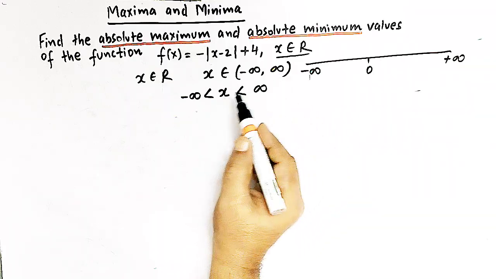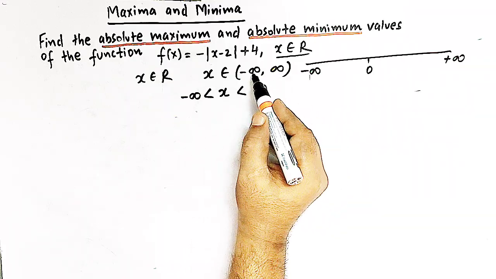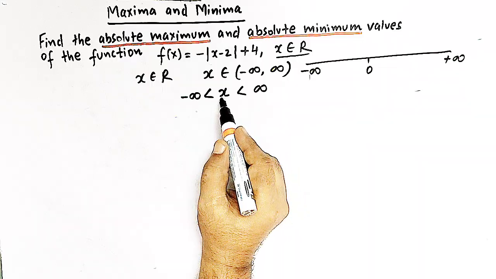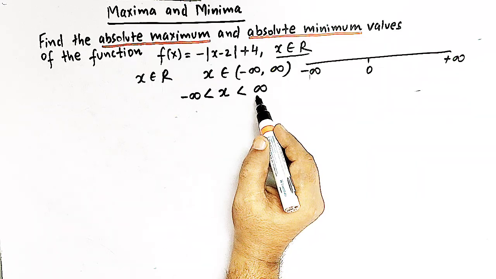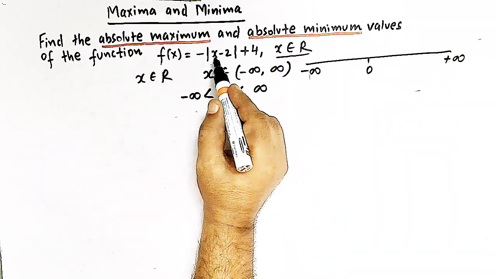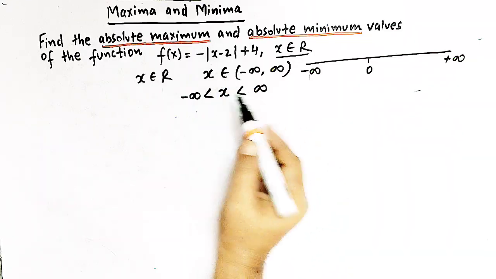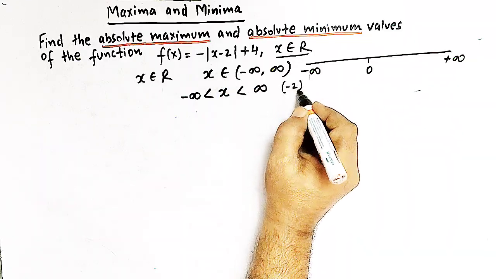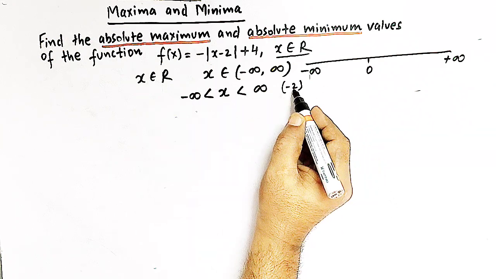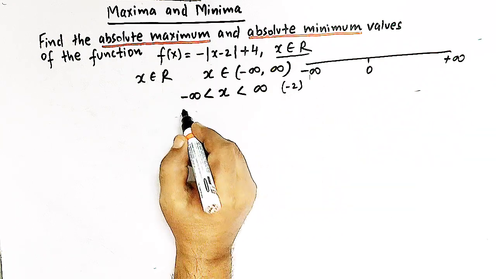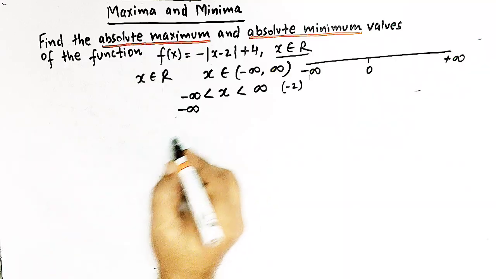That is, this statement can also be expressed like this: x is greater than minus infinity but less than infinity, right? So now here we have x minus 2. So let us subtract 2 throughout this inequality. When we subtract 2 from minus infinity, we again get minus infinity.